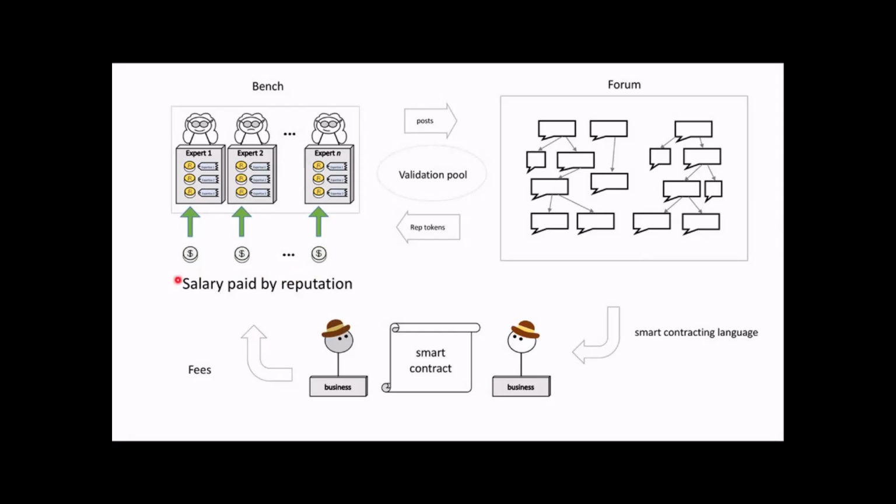Yeah, the revenues just come later, right? Like if you made reputation by doing 10 jobs last week, now you have 10 extra reputation tokens. Then later, as the fees come in from the business people, from the business smart contracts, then you get paid.